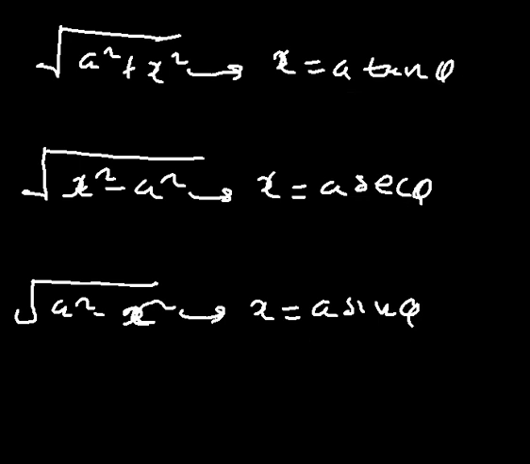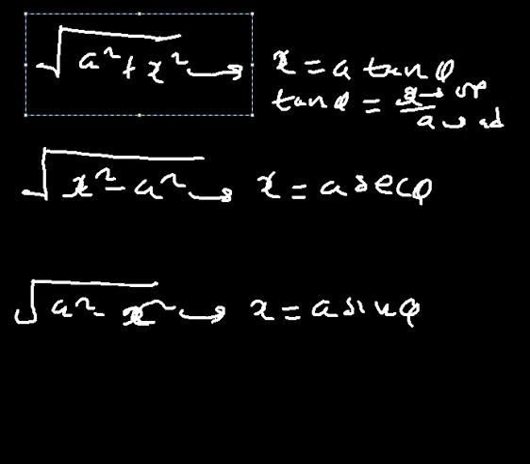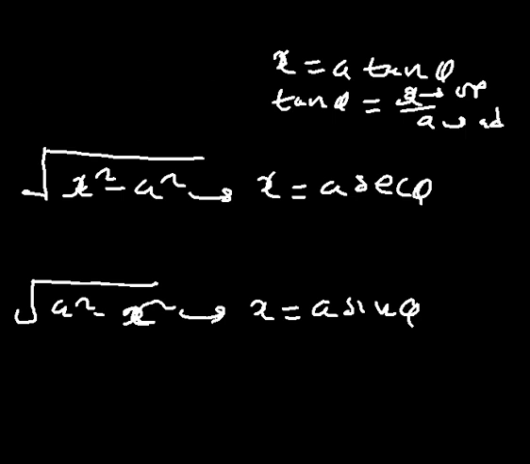In addition, you just have to understand that having x is equal to a times tan theta is the same as having tan theta is equal to x over a. As far as the trigonometric ratios are concerned, this is opposite and this is adjacent. Then you can come up with the right angled triangle corresponding to that.